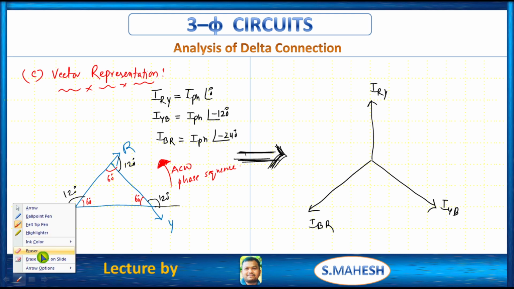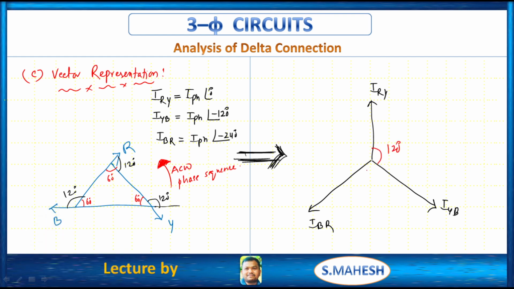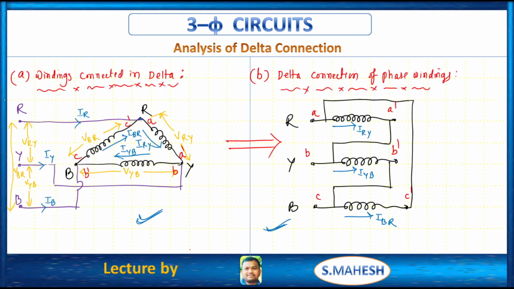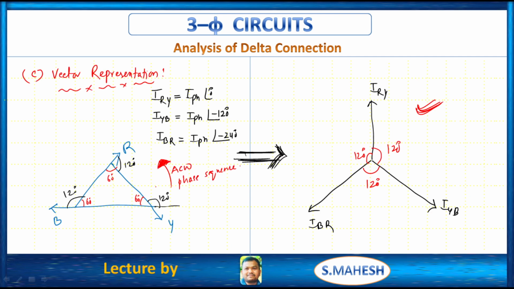That's it. This is very easy to represent. See, between these two, 120, 120, 120, right? So like this, we have to draw any phasor in the case of three-phase circuits. Okay, what have we discussed? The connections in delta winding, the delta connection of phase windings, and later the vector representation of the delta connected system.